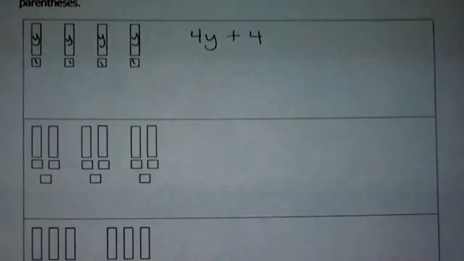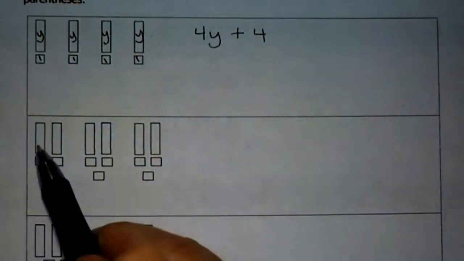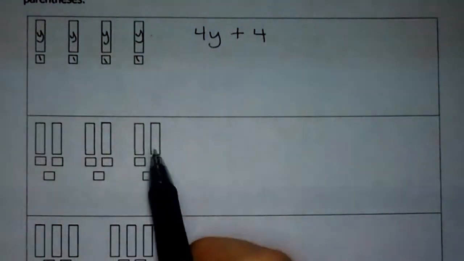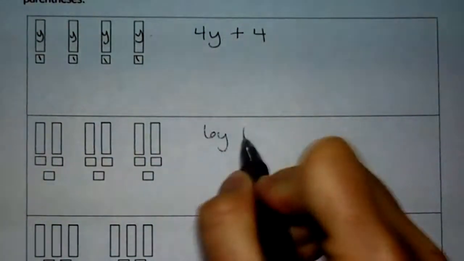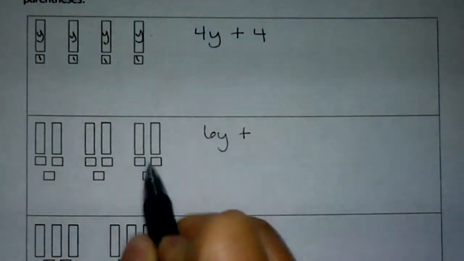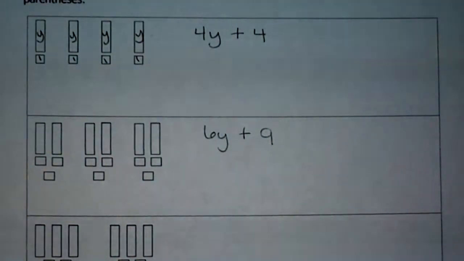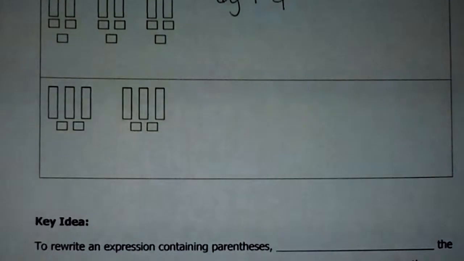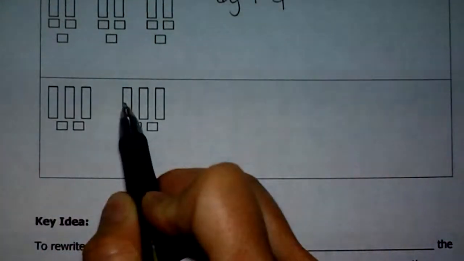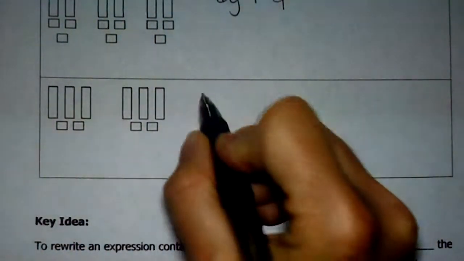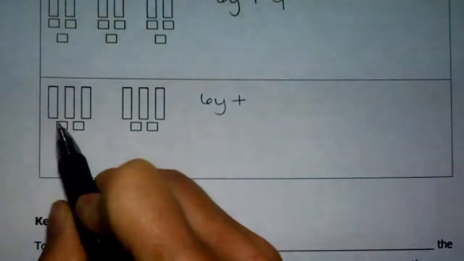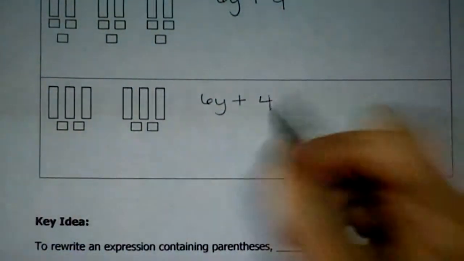Let's just assume these are all y's. And I would have 1, 2, 3, 4, 5, 6 y's, plus 3, 6, 9 green blocks. And for our last example here, we have 1, 2, 3, 4, 5, 6 y's again, but this time we have 2, 4 green blocks.